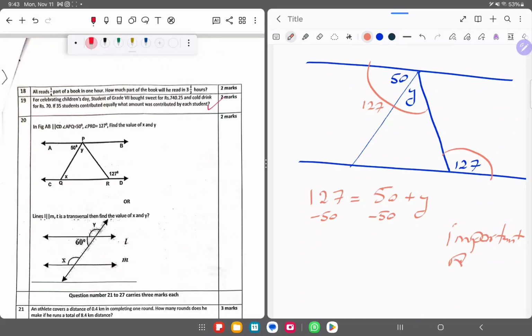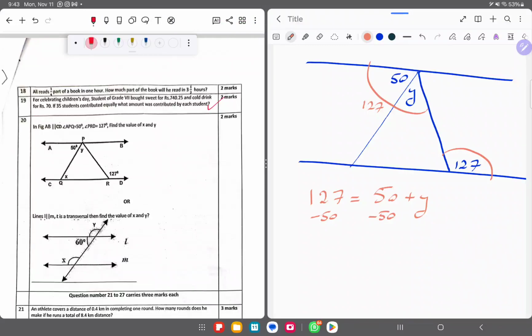Put it in red, in very bold letters, and underline the word important, please. This is a very, very important step that she needs to do.